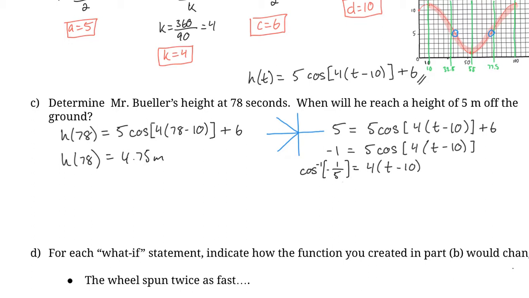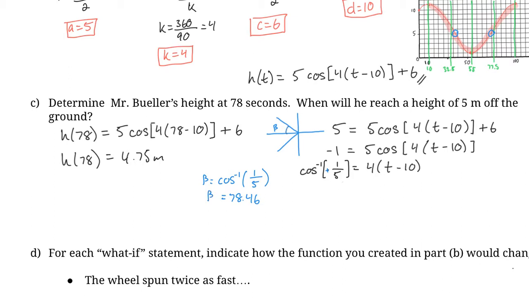And I want you to find this related acute angle by using the positive ratio. So if I do the inverse cosine of 1 over 5, we get 78.46. That's beta, the related acute angle.